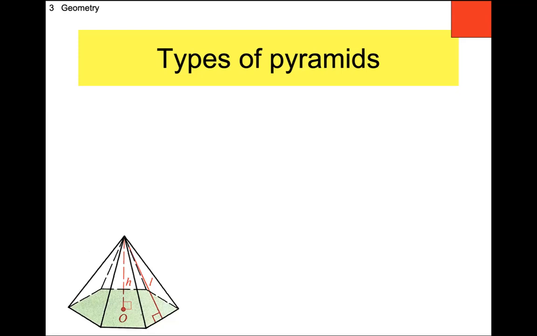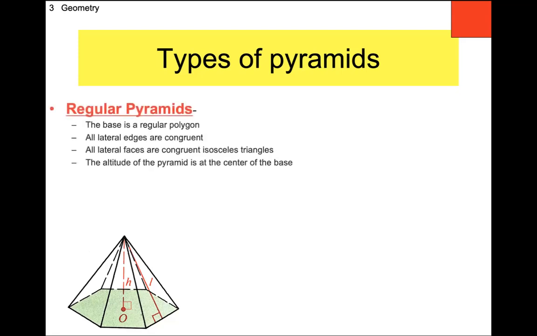And if the vertex of the pyramid is directly above it, we call that a regular pyramid with one extra additional caveat. The base has to be a regular polygon. So if the base is a regular polygon and the vertex is directly above the center of that polygon, then we call it a regular pyramid.